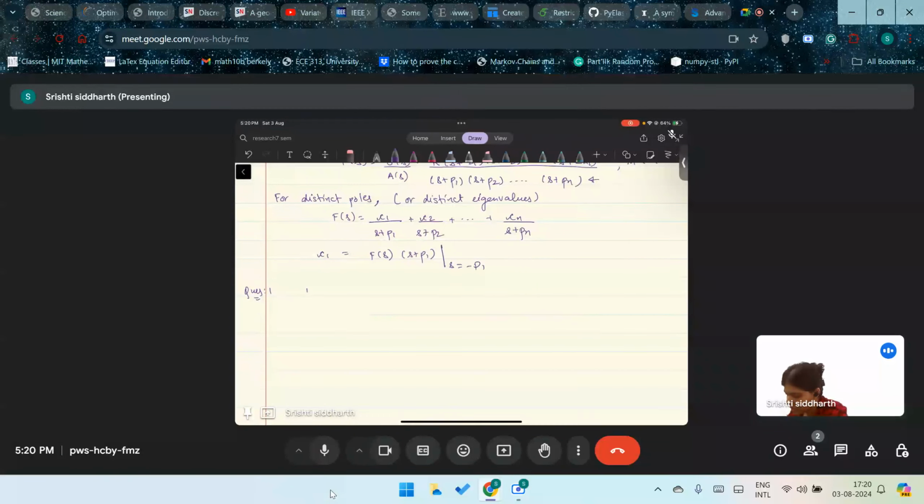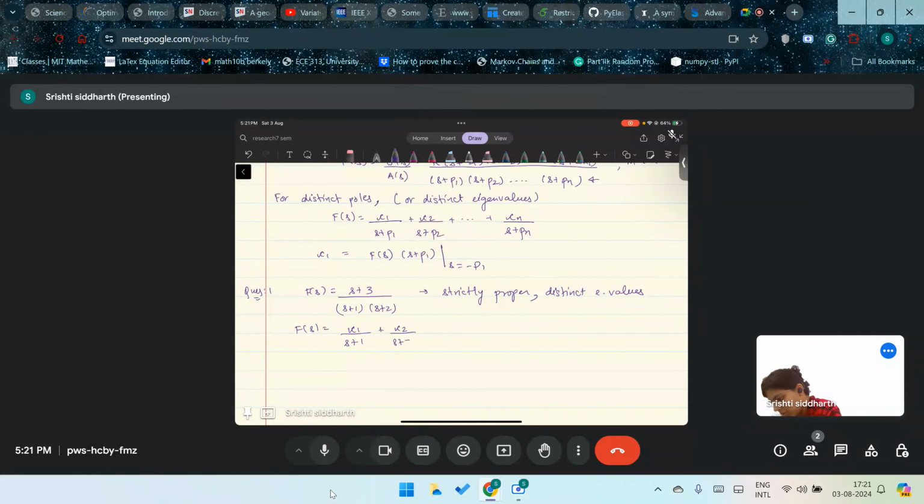Say you have a transfer function F of s equal to (s plus 3) upon (s plus 1)(s plus 2). This is strictly proper and has distinct poles or eigenvalues. Now let's look at the partial fraction expansion: c1 upon s plus 1, plus c2 upon s plus 2.